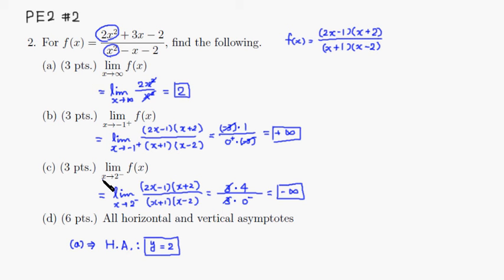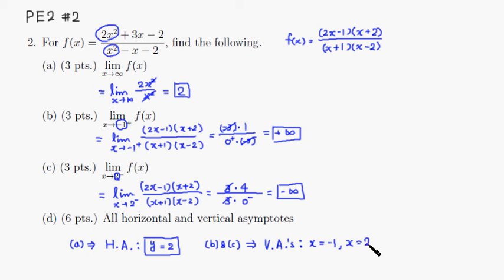The same thing happens at x equals 2. So B and C together tell you that the vertical asymptotes are x equals -1 and also x equals positive 2.